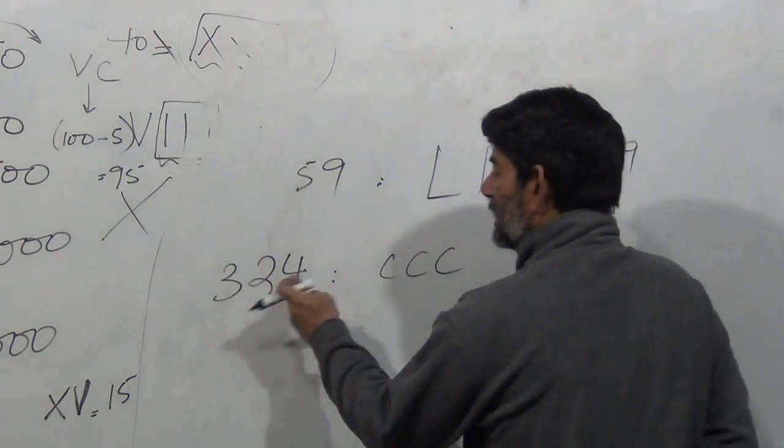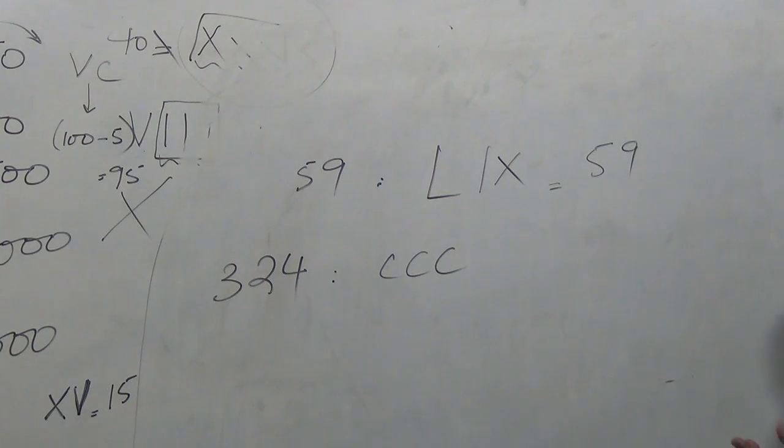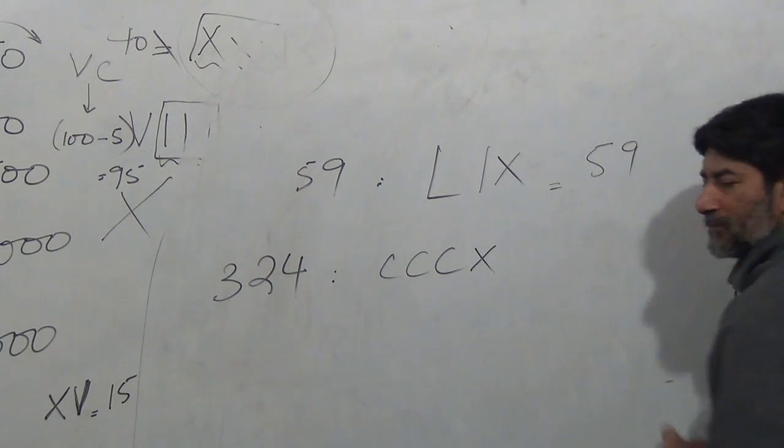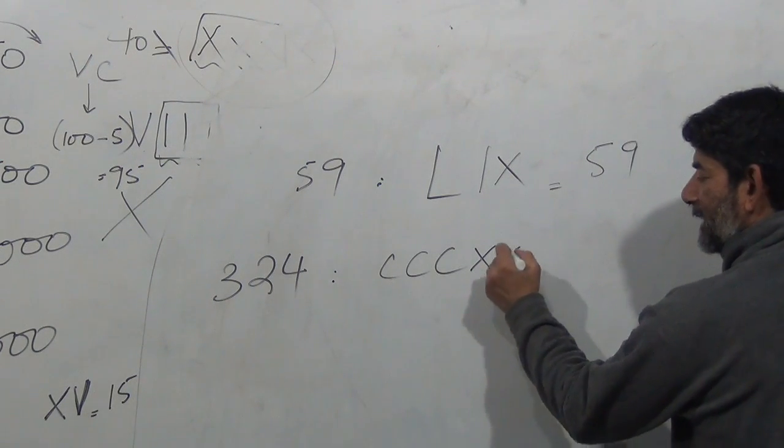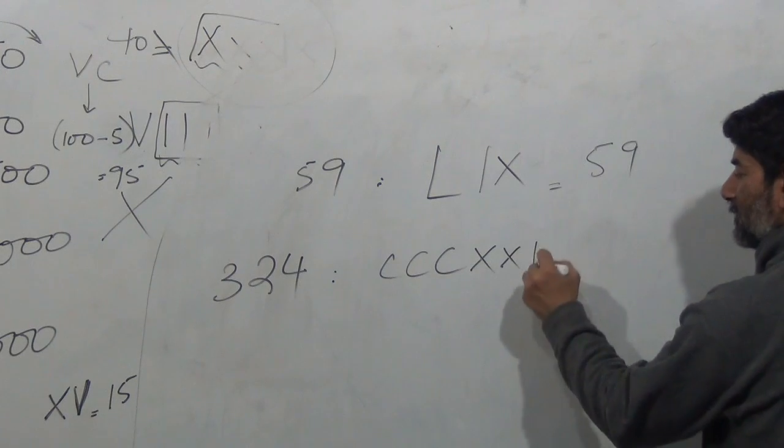Now I need to write 24. I have a symbol for 10. That's 310, 320. I have a symbol for 4.